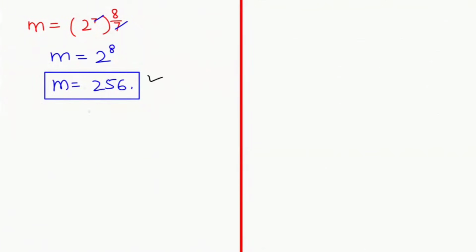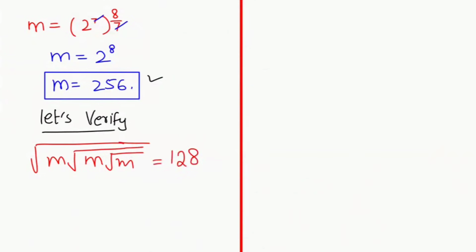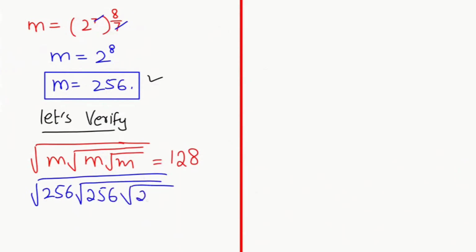Now we are going to verify my answer. So let's verify. The equation we have, and the value of m we found is 256. So root 256 root 256 is equal to 128.